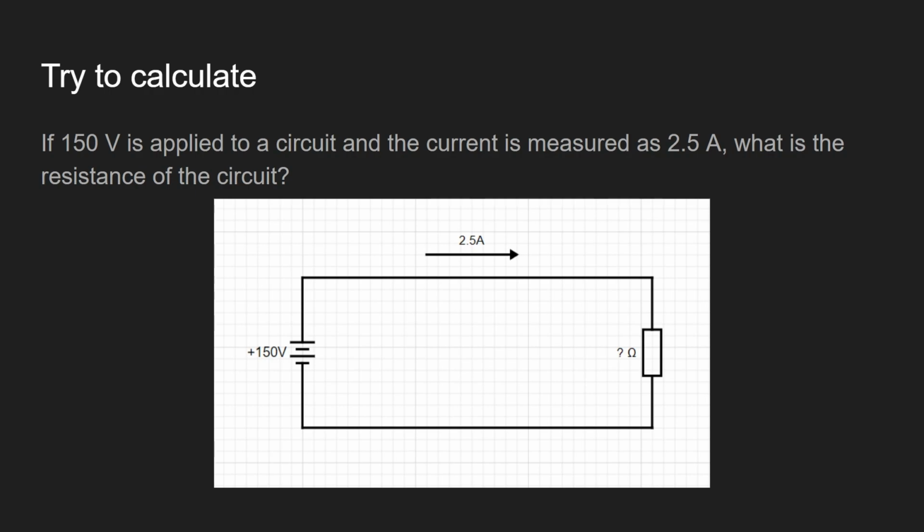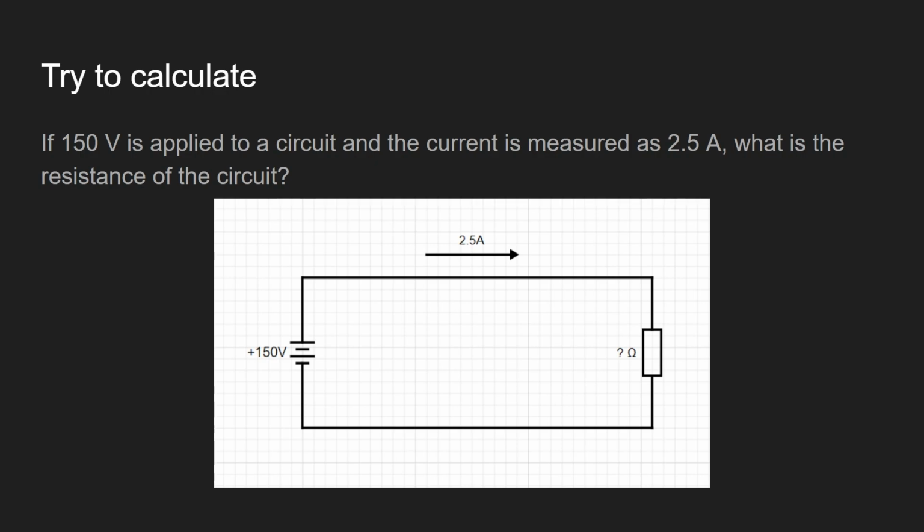V equals 150 V, and I equals 2.5 A. So R equals... RI equals V, right? R equals V over I, which is 150 divided by 2.5, which is 60 ohm. This is how the calculation is made.